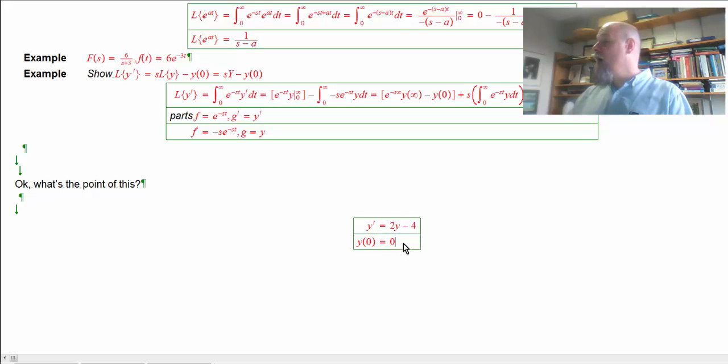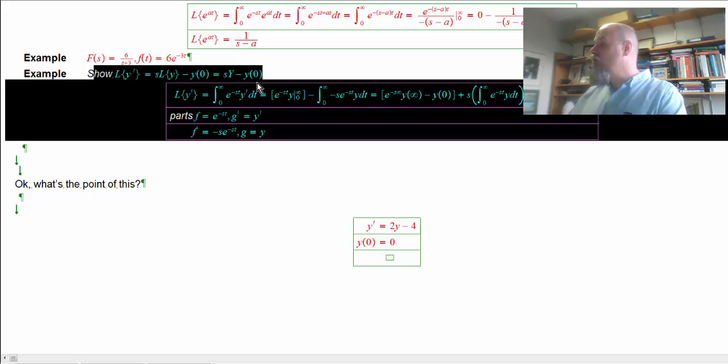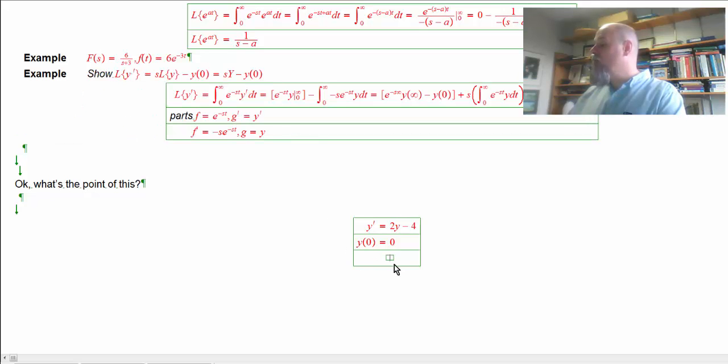So step one, I'm going to take the Laplace of both sides of this equation. Using our rule that we just made, the Laplace of y prime, the left-hand side of this, would be s Y minus 0.